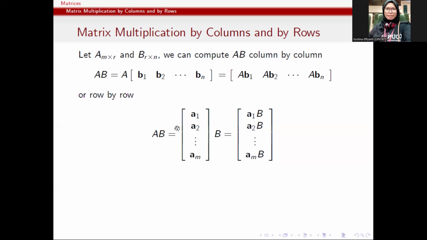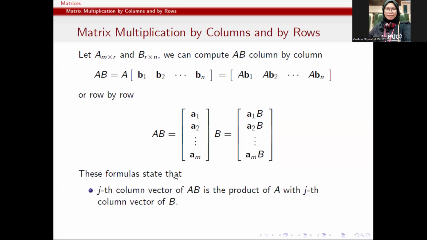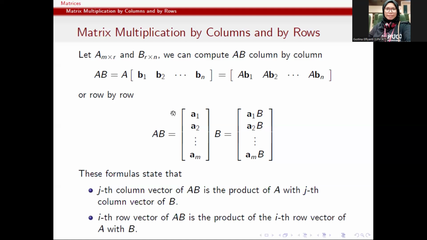So we get the product of AB, where the ith row of AB is the multiplication of the ith row of A multiplied by B. As we can see here, the formula states that the jth column of AB is the product of A with the jth column of B, and the ith row of AB is the product of the ith row of A with B.